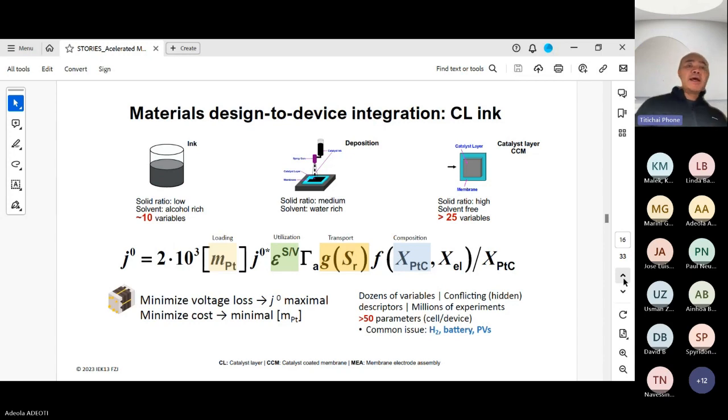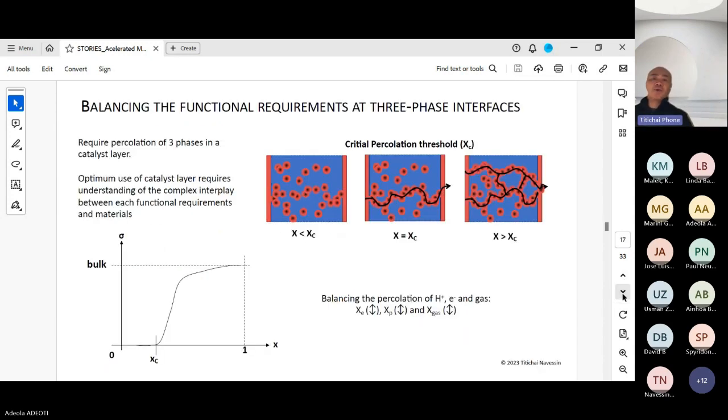Right? In the next slide, I would like to give a little bit of insight into how designers think of this. Right? In the catalyst layer, because you need three functions to happen simultaneously in order to create reactions for electrolysis or fuel cells, right?